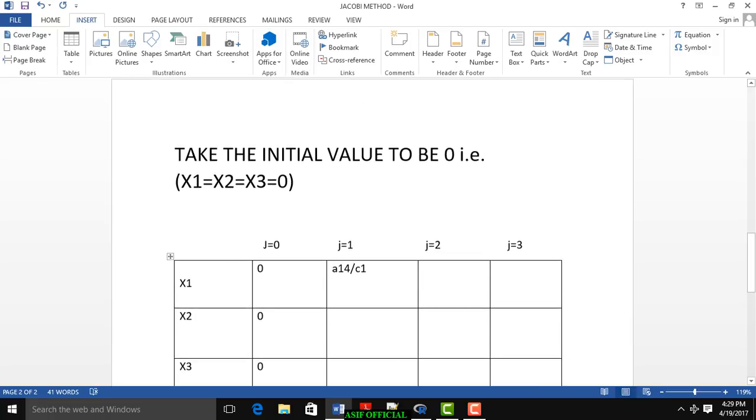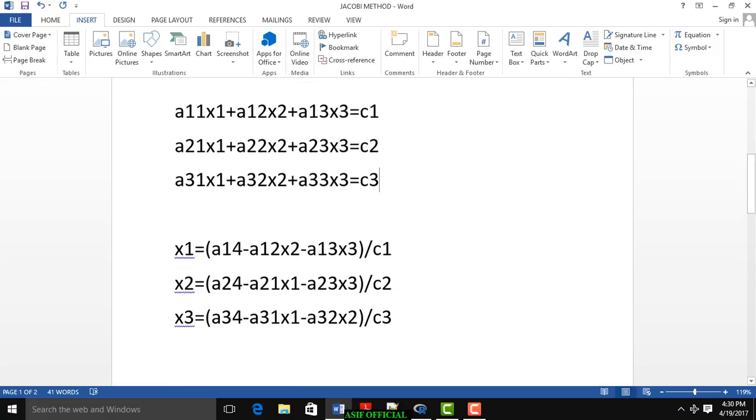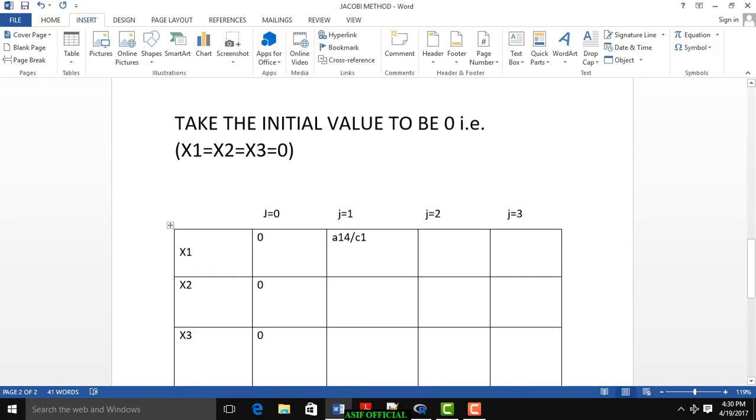In the starting, the same as the Jacobi method, we take the initial values of x1, x2 and x3 as 0. By putting the values of x2 and x3 as 0, we find x1 equal to a14 by c1.